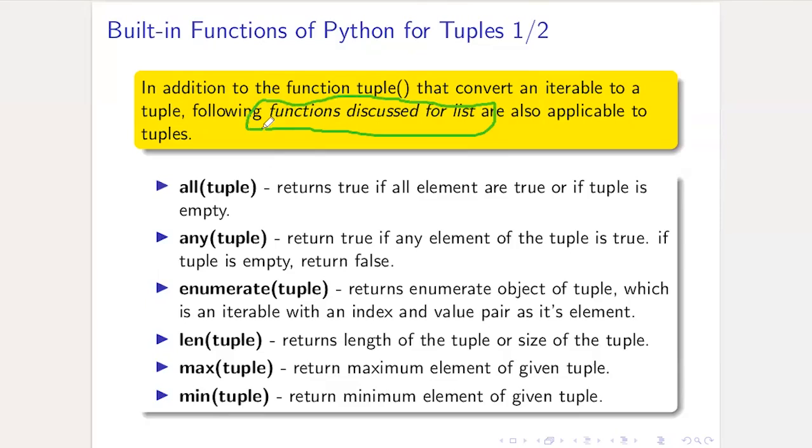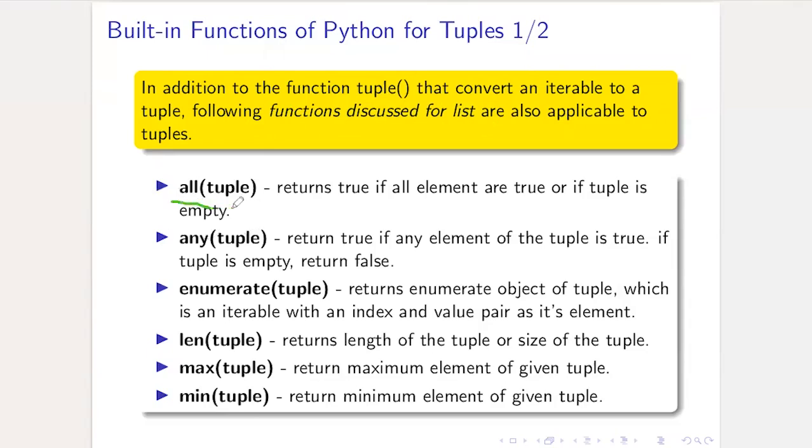We have discussed these functions for the list, and the same discussion is applicable for tuples also, because tuples are also iterable. If you remember, when discussing the list data structure, I kept saying iterable. So I'm not going to discuss any of these again, because the same discussion is applicable.